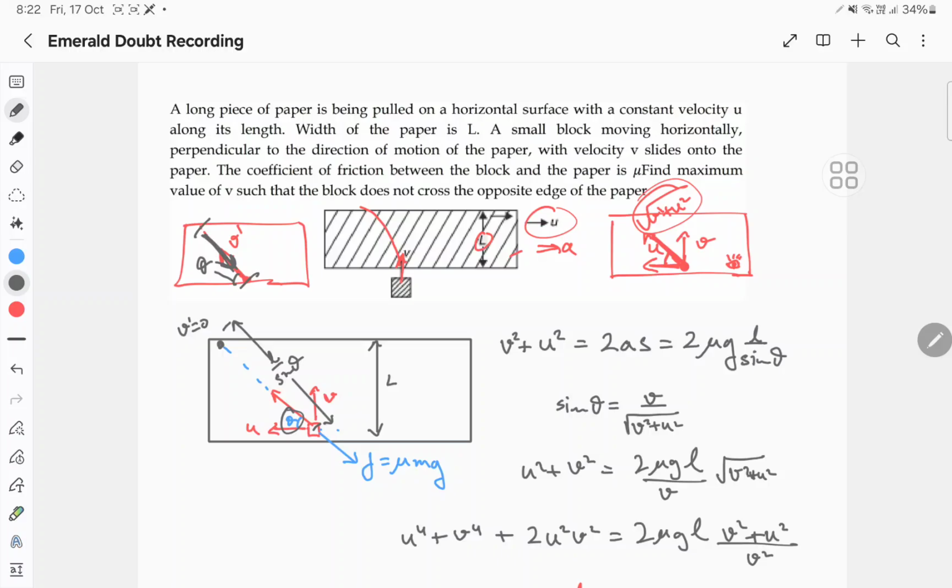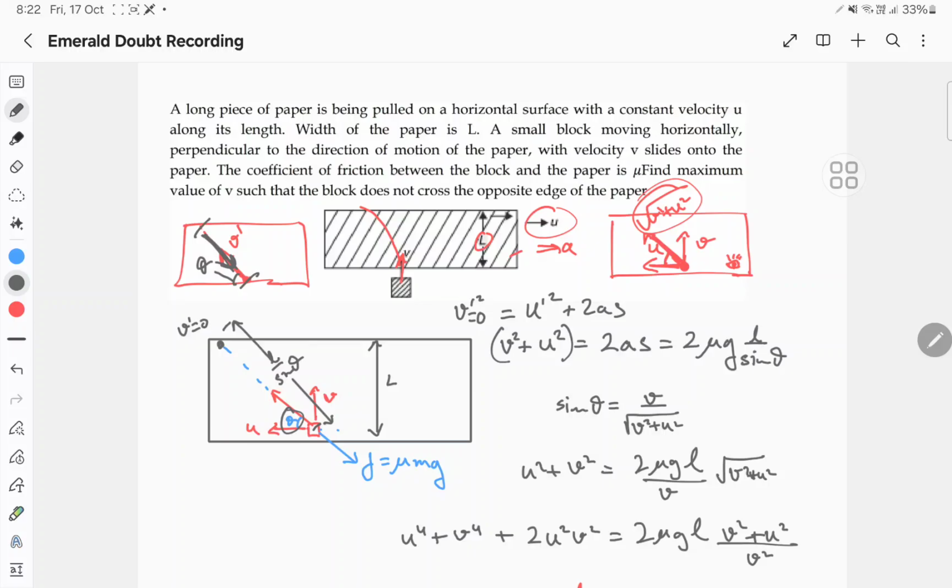So if we apply v square is equal to u square plus 2as, the final velocity is 0 and the initial velocity is square root of v square plus u square, by the way. So this is your u dash square, and v dash square, which has become 0, is equal to u dash square plus 2as.